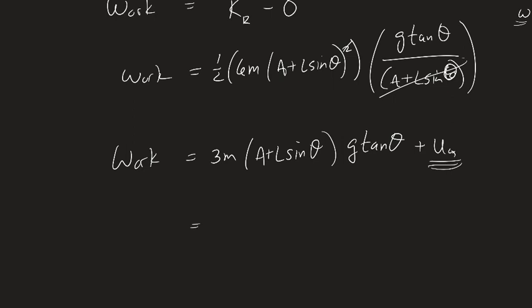So this part, I think, is subtle and non-intuitive. But you'd have to add 6 times mgh. And you'd have to figure out what h is, which we already have an expression for. It's L times 1 minus cosine theta.